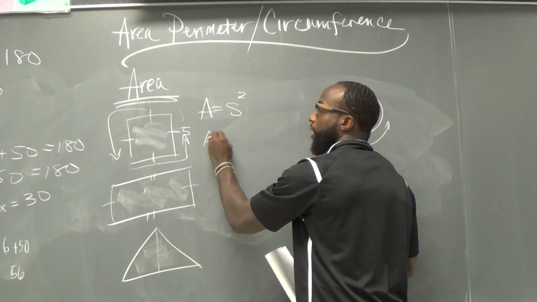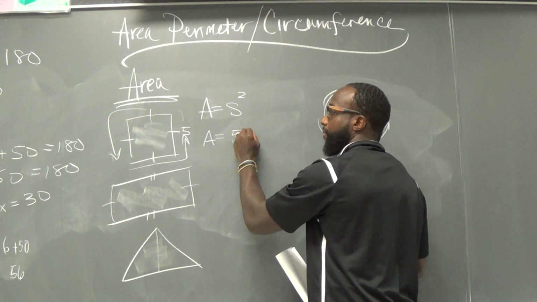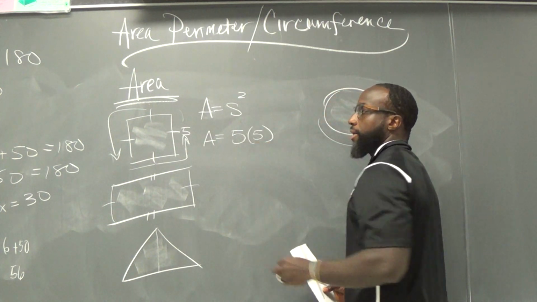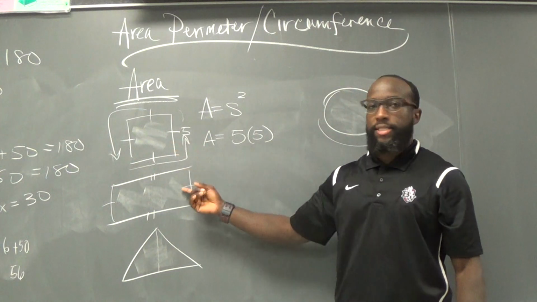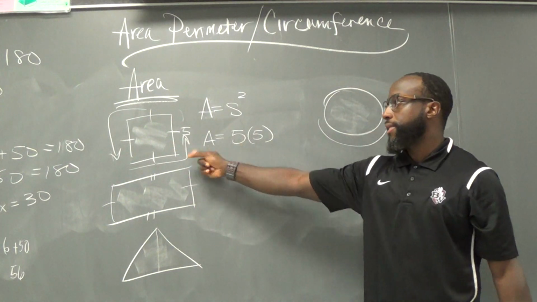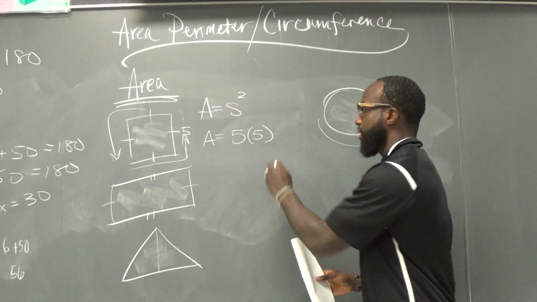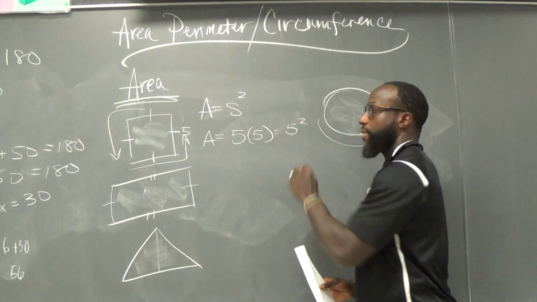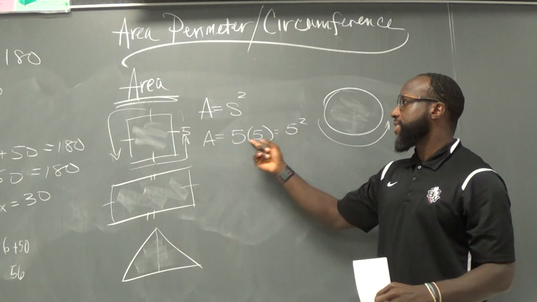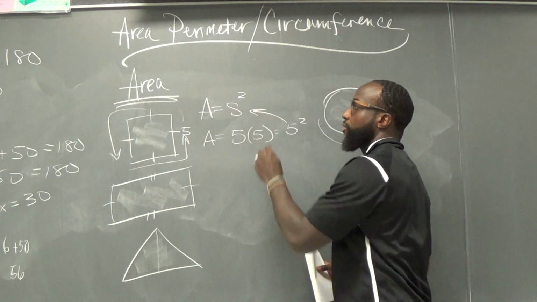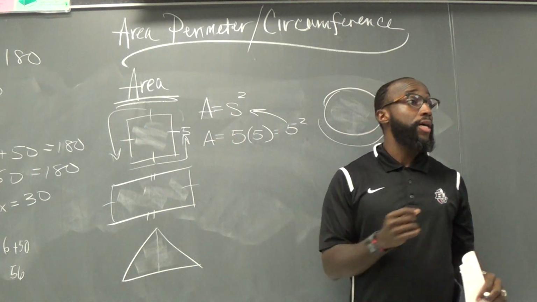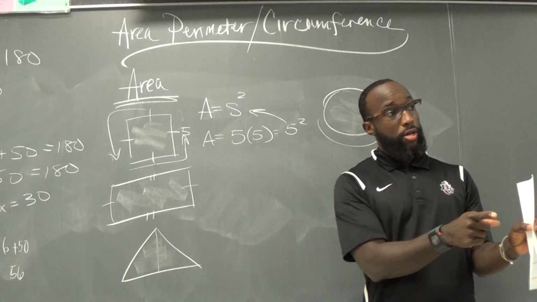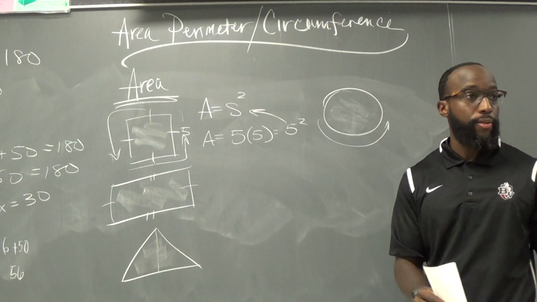And we always learn that area is base times height for rectangles and squares. Base times height, so it'll be 5 times 5, which is the same as 5 squared. Because that's the same, this is what we can use as the formula for the area of a square. We good so far?